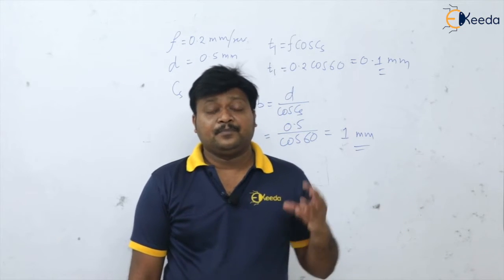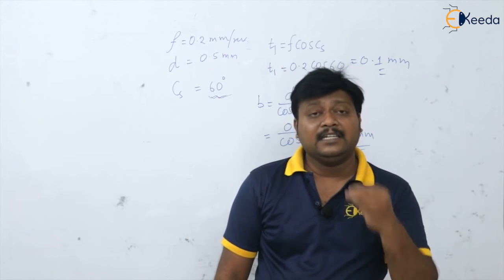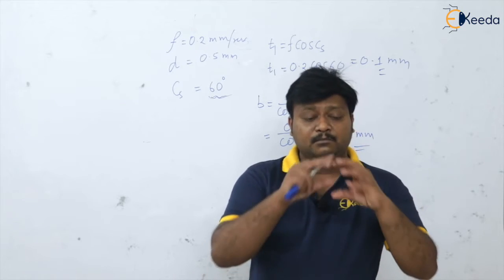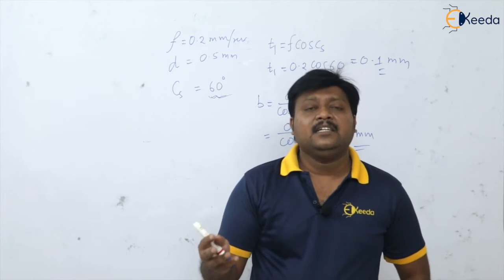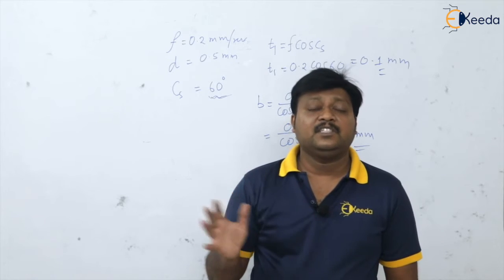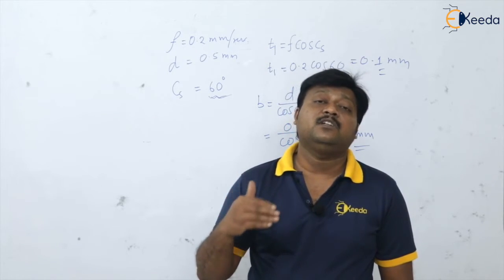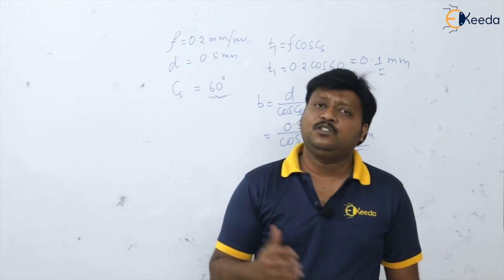But whenever side rake angle, side cutting edge angle, or principal cutting edge angle is given, or sometimes the tool signature is given. So in the tool signature, the CS value will be at the last, at the larger side, in case of the orthogonal rake system, ORS system. But most popularly used is what?